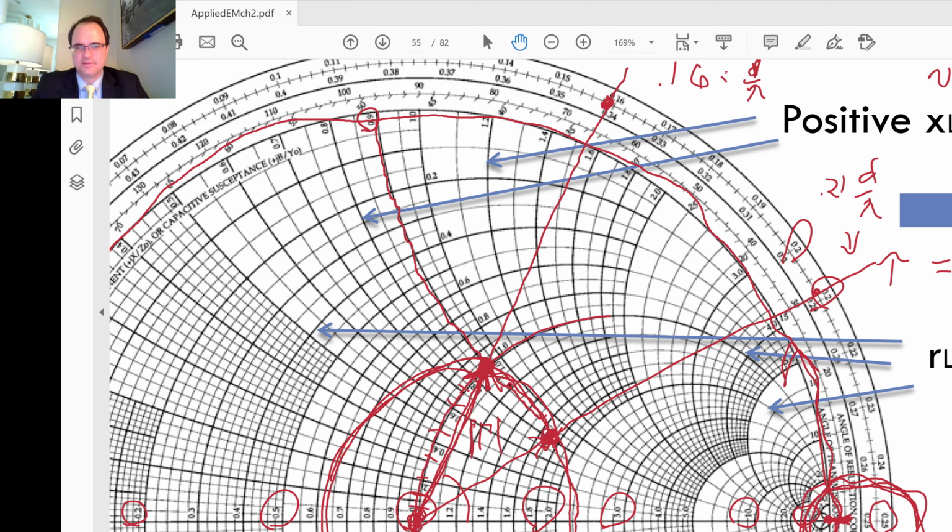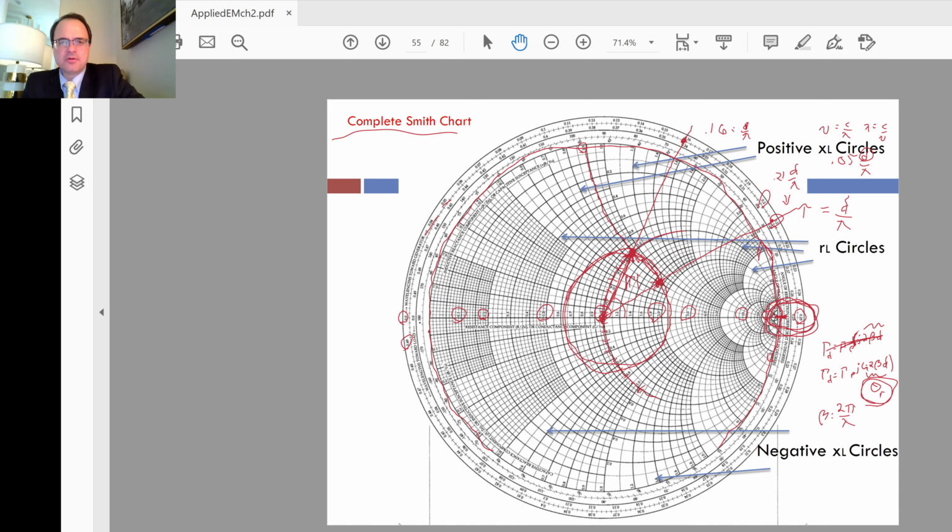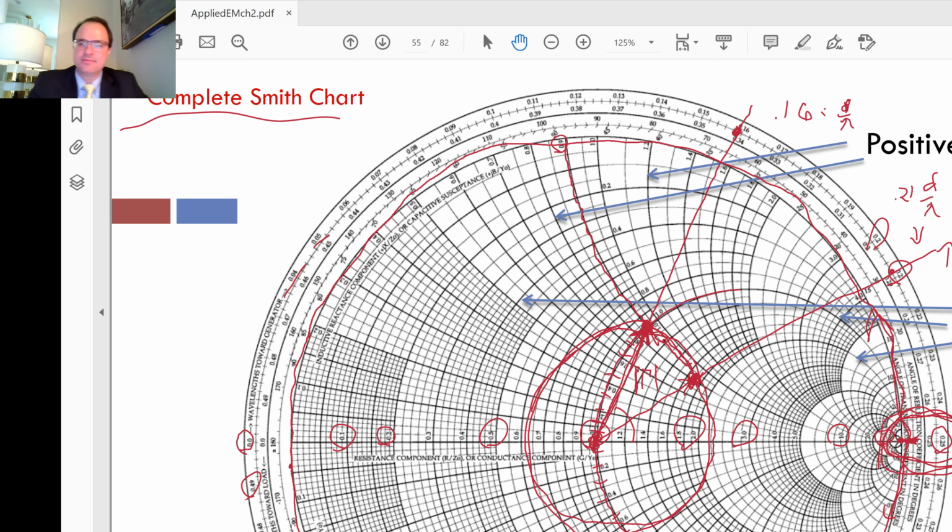All right. So the outermost axis, let's complete that. This is called the wavelength toward generator axis, or set of tick marks. And this tells you how far down the line from the load towards the generator. And it doesn't necessarily have to be from the load. It can be at any starting point along the line.